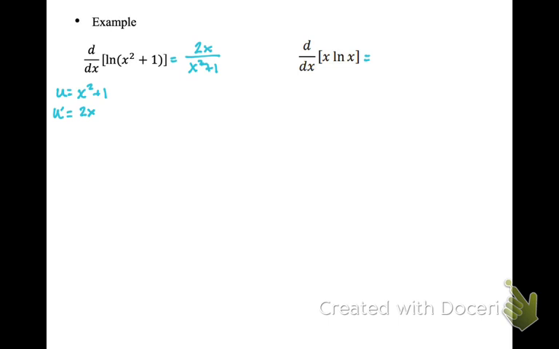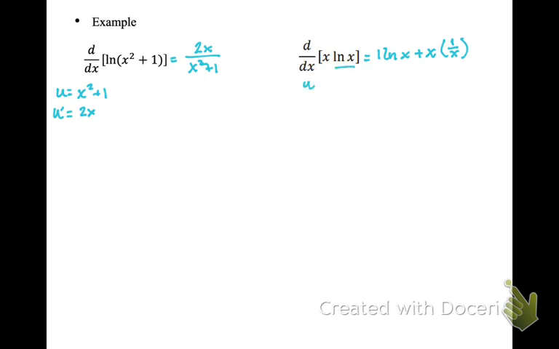Okay, so the derivative of x is 1. So 1 times the natural log of x plus x times the derivative of the natural log of x, which, if you remember the first rule, is just what? The derivative of the natural log of x is just 1 over x, because u is x and du is... right here.